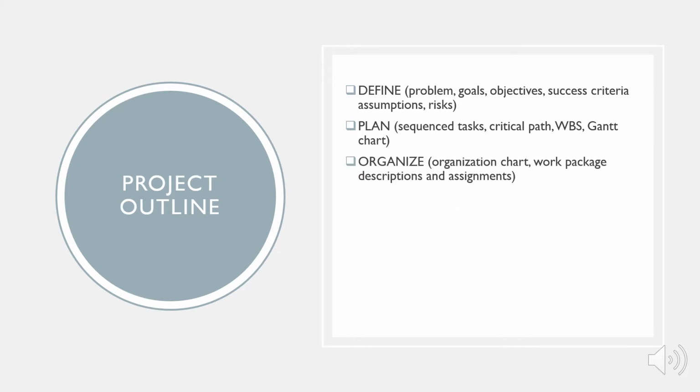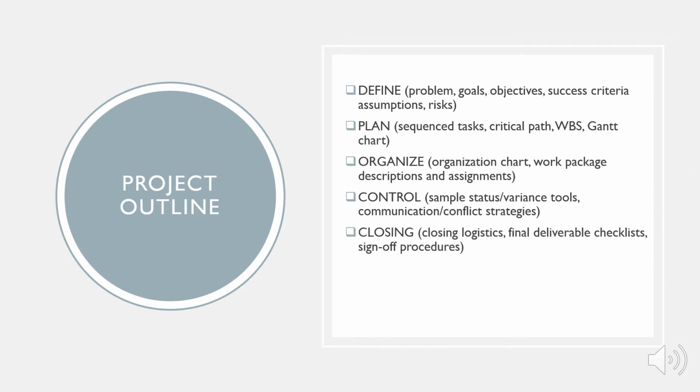In the organize phase, it is about organizational chart, work package, description, and assignment. In the control phase, we will focus on status variance tools and communication and conflict resolution strategy. Then we go to the close phase and we touch on some management issues which significantly focus on the team and the change strategy.